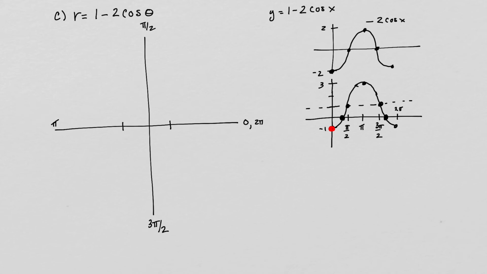So that's where that first red dot is going to go. My next dot is going here at pi over 2. We're going to 1. So here's 1. And we're going to pi over 2.